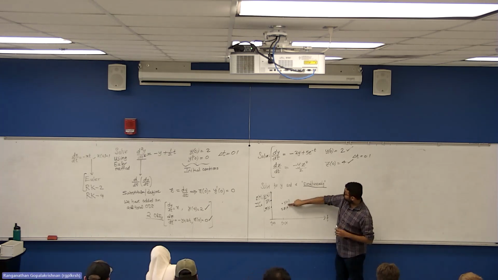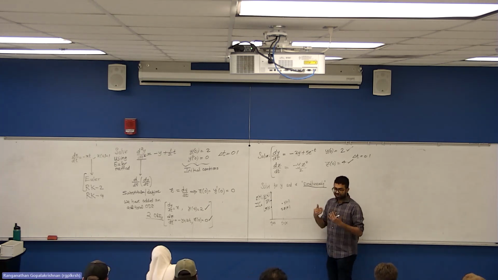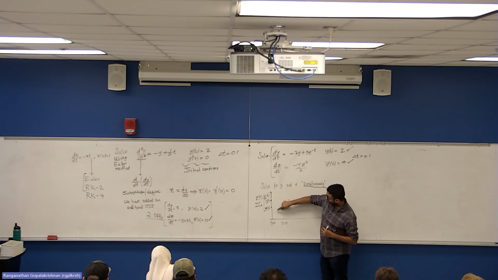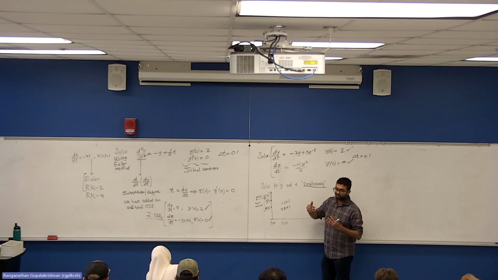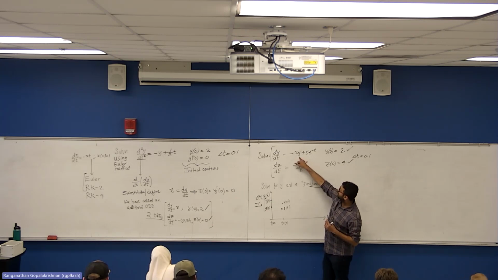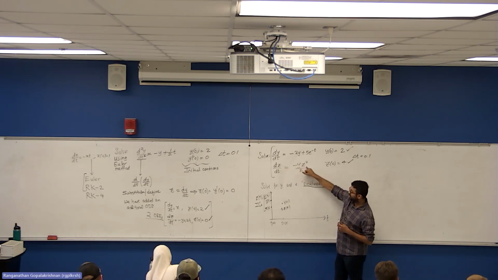The solution for y will generally depend on the previous values of both y and z. It will rarely depend on only y. Like in this example here, it depends only on y and t, but generally it will depend on y and z. In fact, z here depends on y and z.